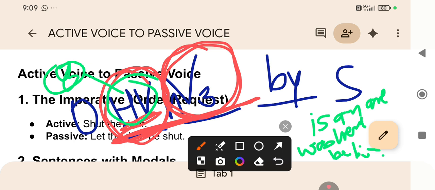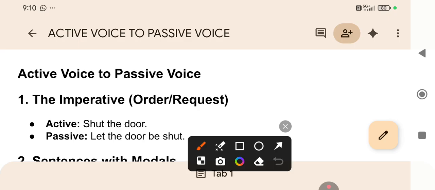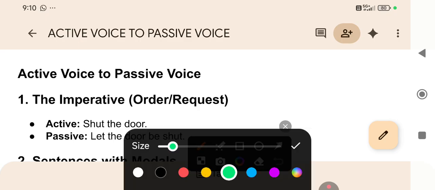I'm repeating: is, am, are, 3 present tense, was, were, past tense, and 3 more, be, being, been, right? So you have to take one of the helping verbs, and the past participle or third form of the main verb. This is the structure of active to passive.